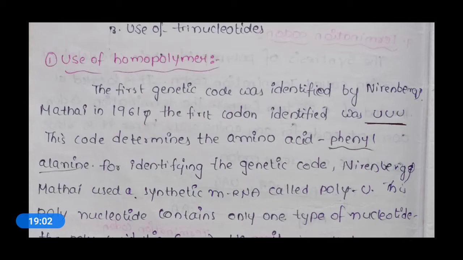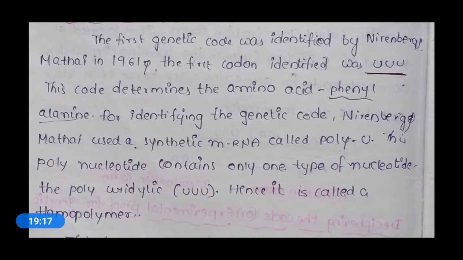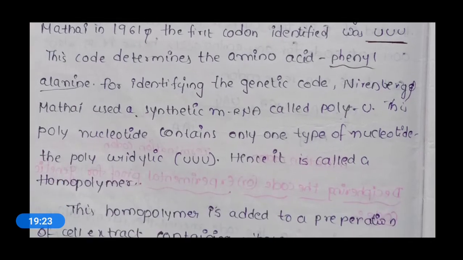That means the only triplet codon in that particular mRNA is uracil. This polynucleotide contains only one type of nucleotide, that is polyuridylic, and it is called a homopolymer.